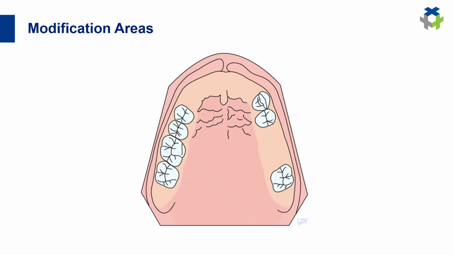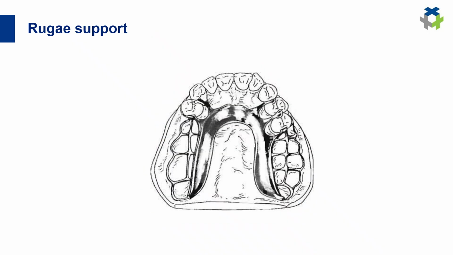Sometimes the modification areas, that is the areas which are there apart from the primary classification, are called modification areas. If the modification areas are in the anterior, and these are supported by good rigid tissue or well keratinized tissue, which is not flabby or moving, then the firm support provided by the tissue itself can act as an indirect retainer, which prevents the downward movement of the partial denture.